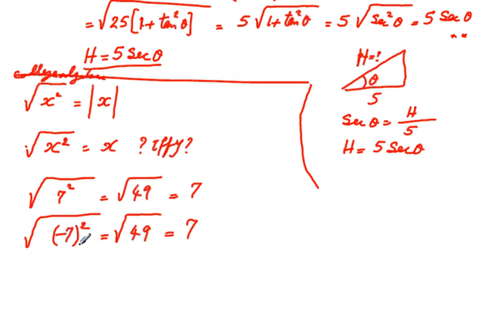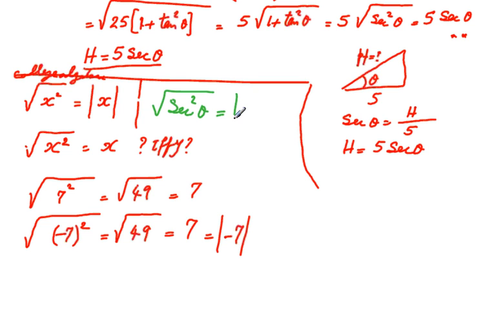To get around that issue, what do you need to do? Say, okay, if I end up with 7, what does that have to do with what I started with? That's the absolute value of what I started with. So the process of squaring and taking square roots strips the sign off of a quantity. It gets the x back to you, but if it was negative, it strips the sign of it. So what does that have to do with this? Over here I had square root of secant squared of theta.